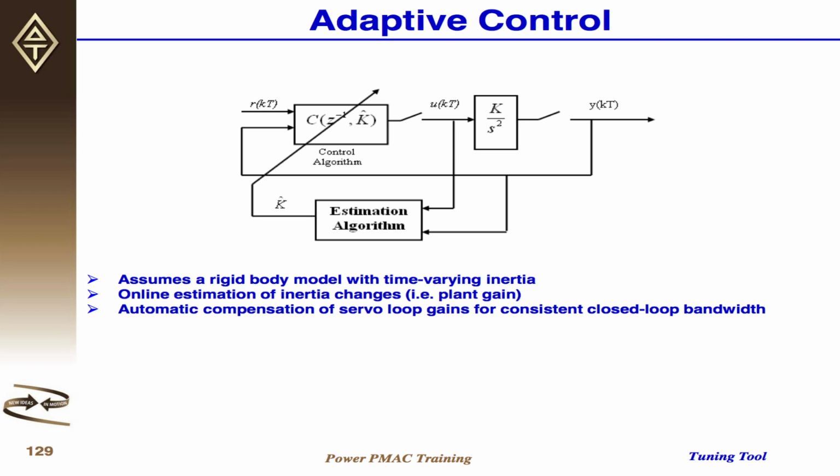By estimating that gain inside the servo routine, I can change my control gains so that I will have the same performance no matter what happens. So if you don't know beforehand that the load changes, this is the tool to use.